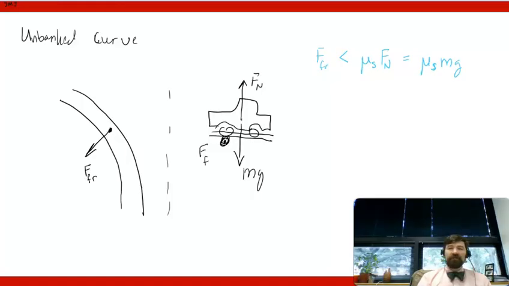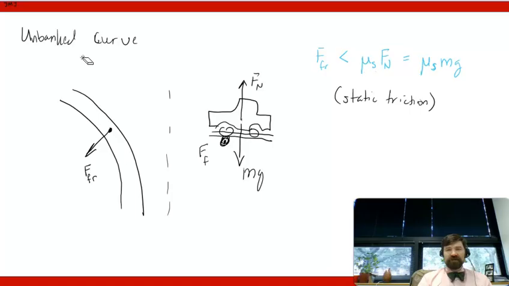Now, you may be wondering, why is it that I chose this version right here, the less than μs version, the static friction version? So why static friction and not kinetic friction since the car is moving?